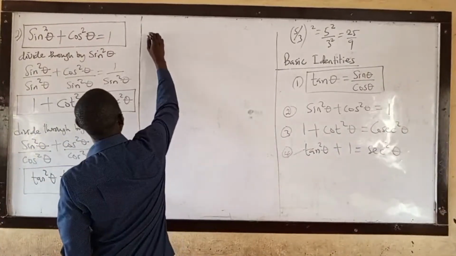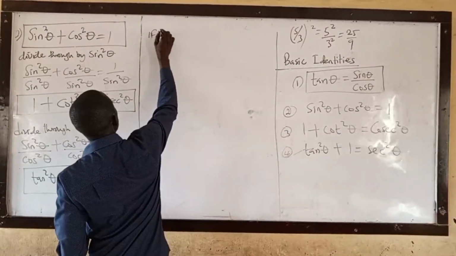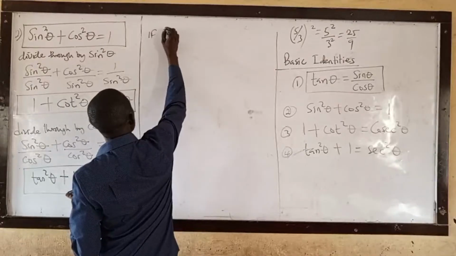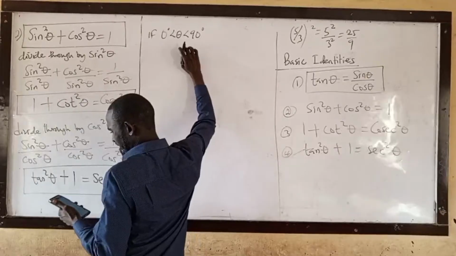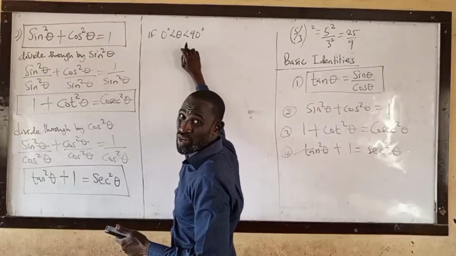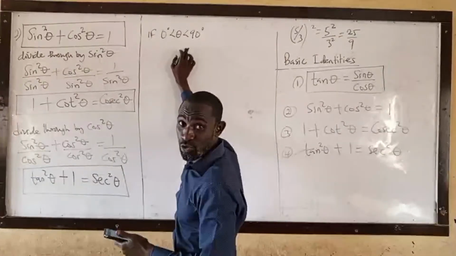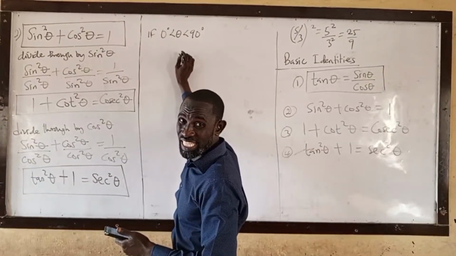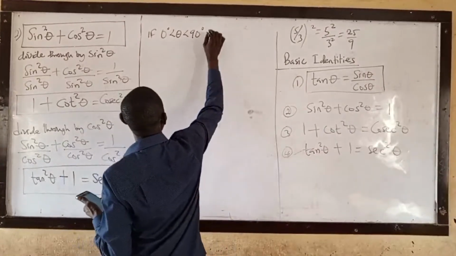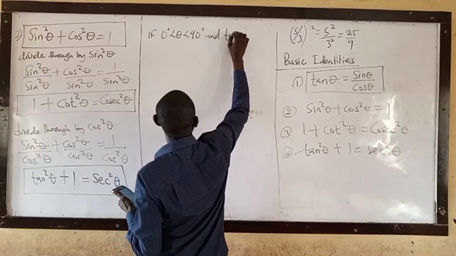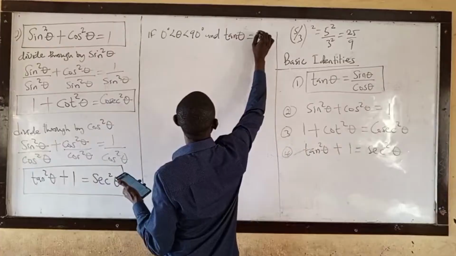It said, if 0 is less than theta is less than 90, what you are telling us is that we get a triangle where this is an acute angle. Any angle whose value is less than 90 is called what now? An acute angle. Now I said tan theta equals 3 over 4.